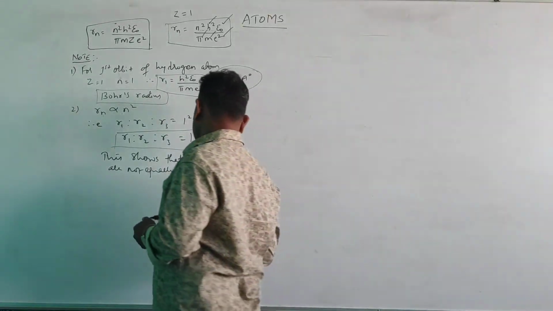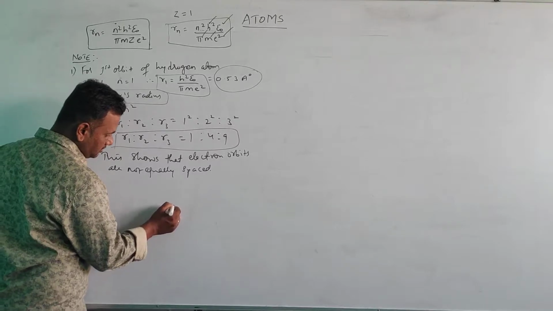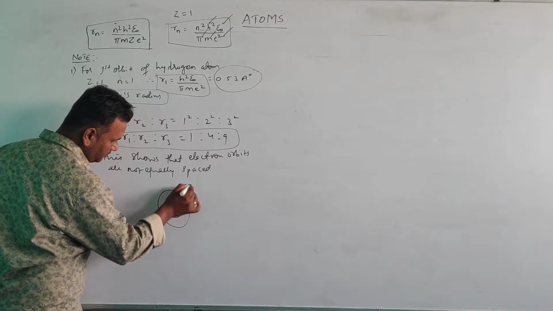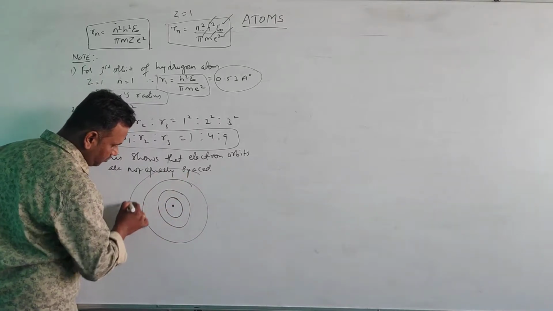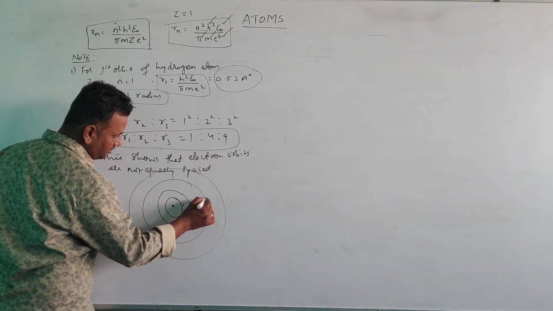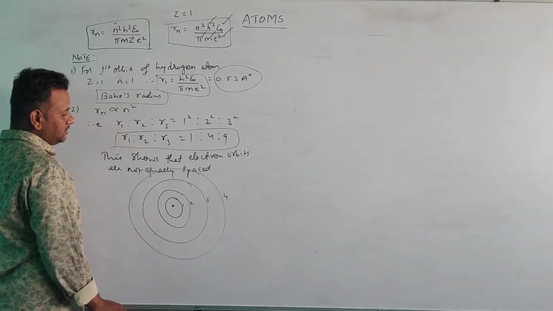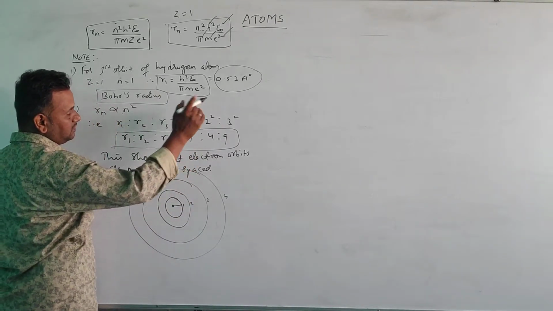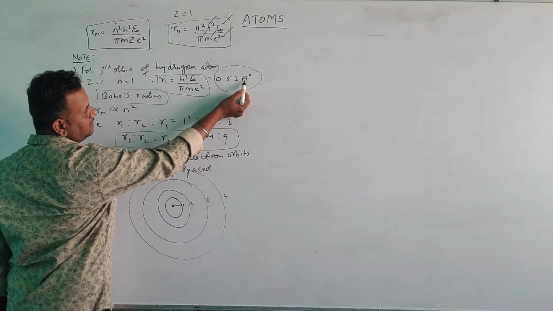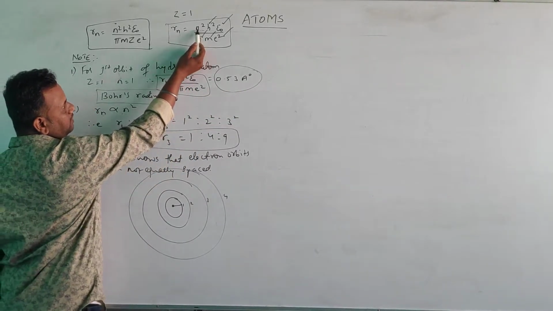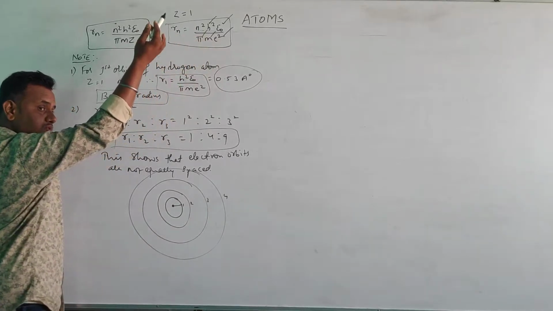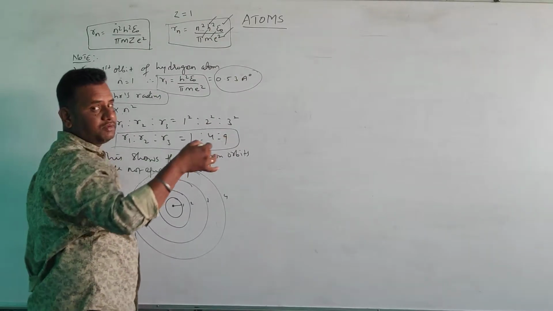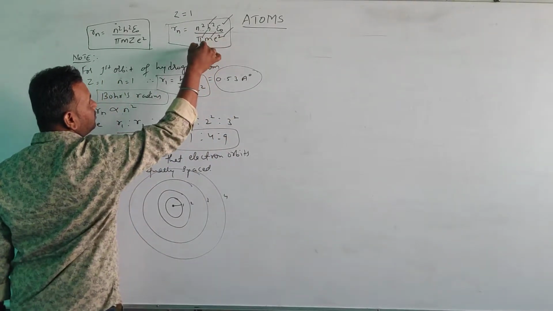For example, this is the nucleus, this is the first orbit, second orbit, third orbit, fourth orbit. From the nucleus to the first orbit, the radius is 1, that is 0.53 angstrom. If I substitute the value 2 here, then 2 square is 4, 4 h square, and substituting the Planck's constant value, I will get some value.